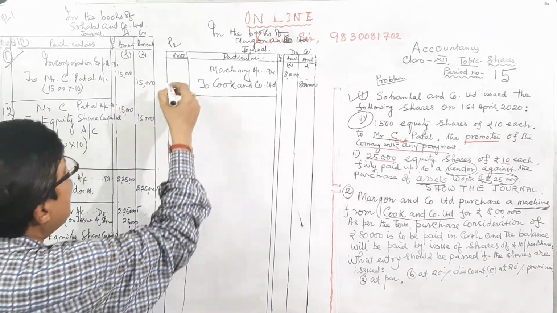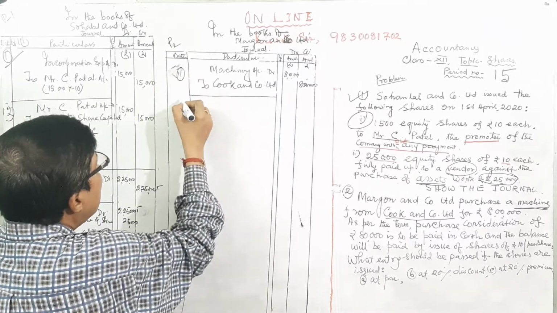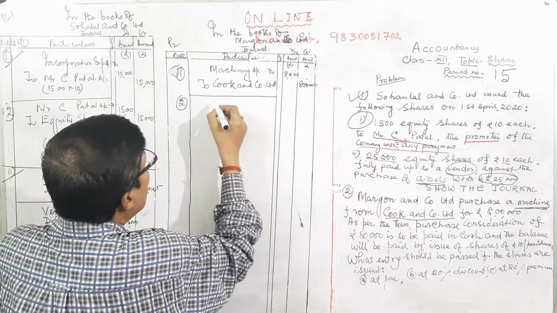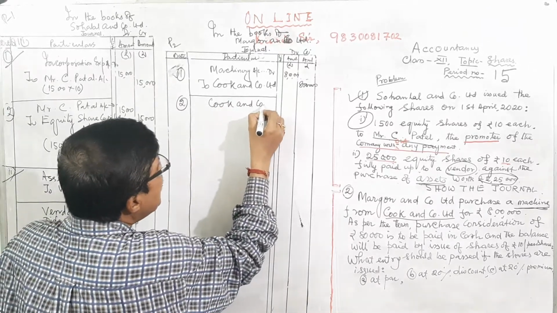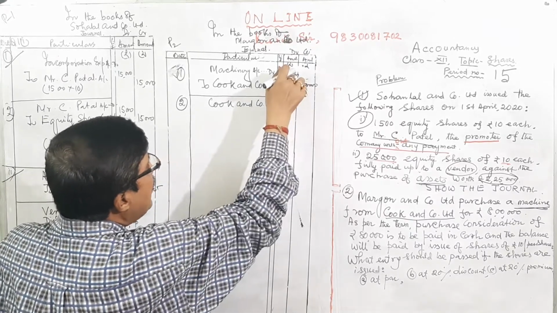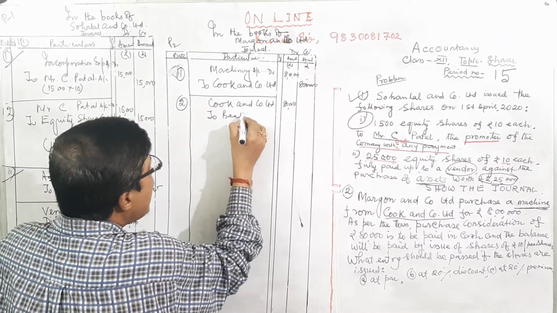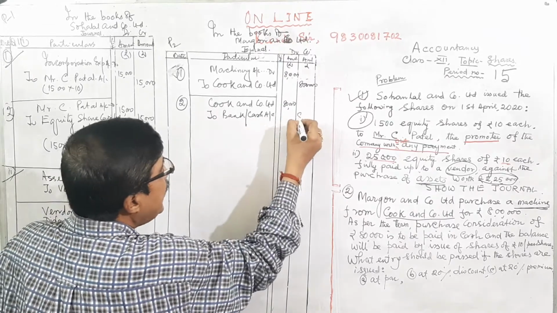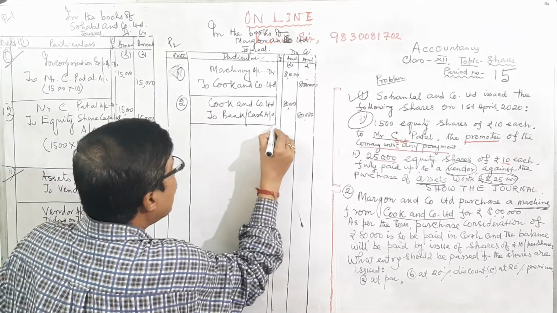Morgan Company is paying Cook and Company Limited 80,000 out of 8 lakhs, by bank or cash. Bank or cash account, how much? 80,000. Then the rest portion you have to pay.